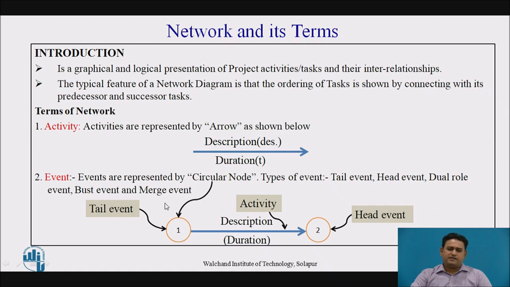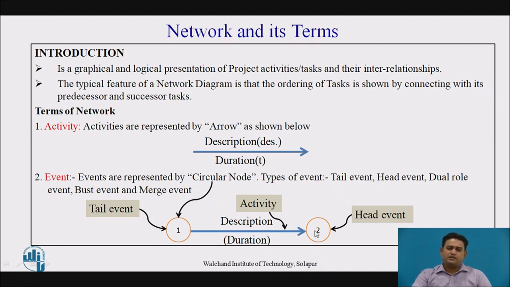Now the events are the parts in the network diagram which are presented at the start and the end of an activity. An event doesn't consume any resource or time. Here we observe that an event is represented by a circular node.